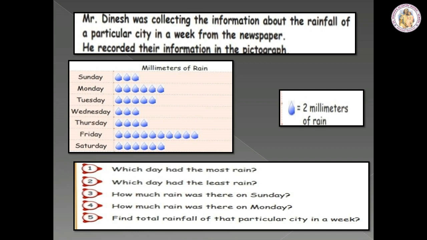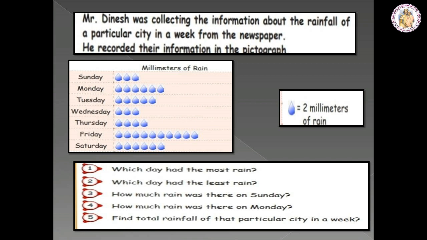How much rain was there on Monday? So totally there are 6. 6 twos are 12. So 12 milliliters of rain was there on Monday. The last question. Find the total rainfall of a particular city in a week. So totally from Sunday to Saturday.